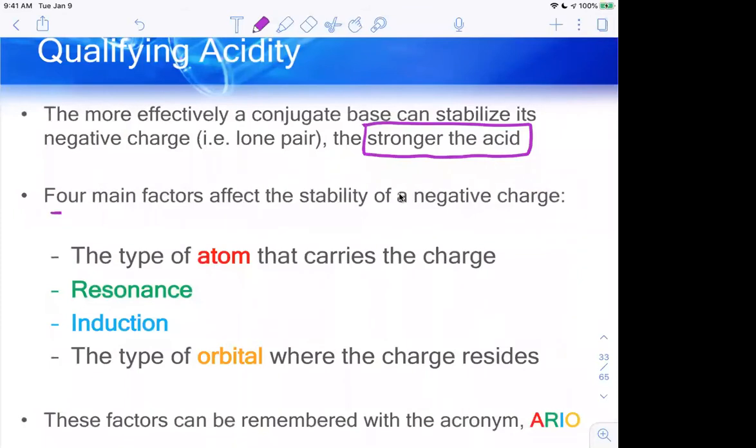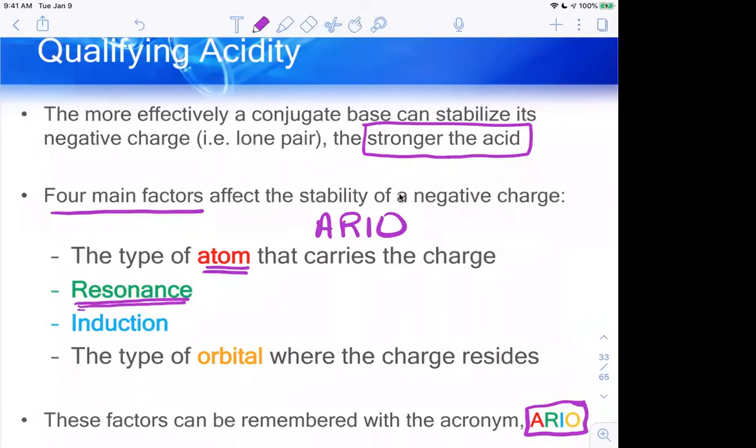There are 4 main factors, and this is called the ARIO method, which is listed down here. I'm going to look at the type of atom that carries the charge, that has that lone pair. I'm going to look at whether that lone pair has any resonance stabilizing features. Induction is something we're going to discuss.